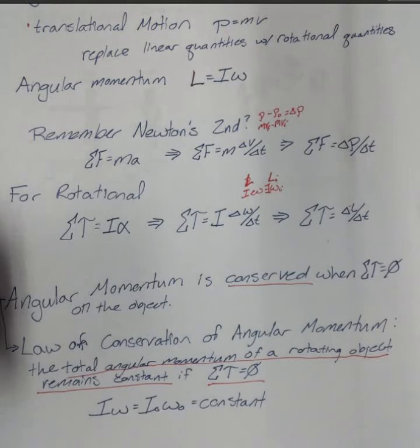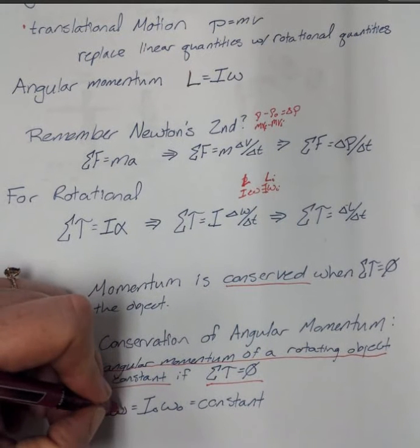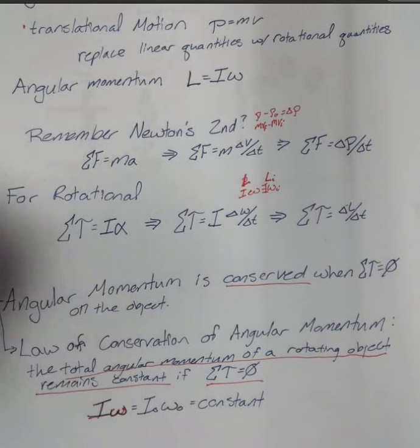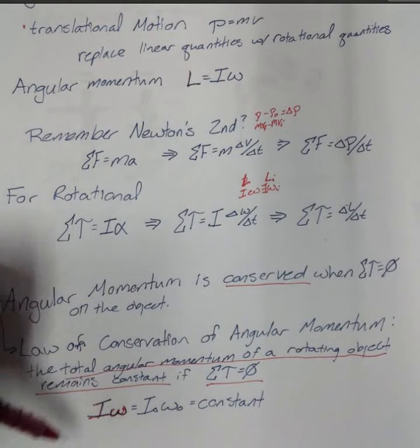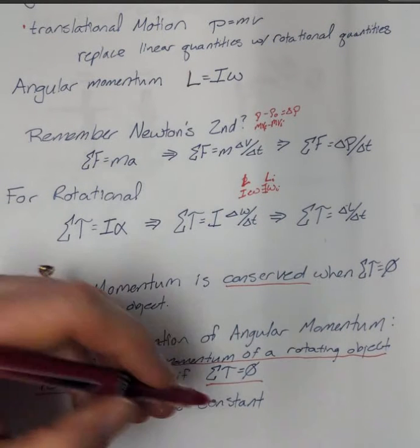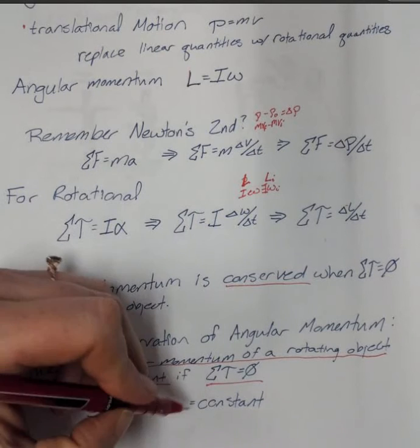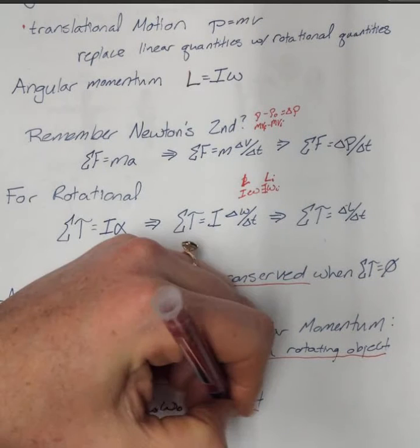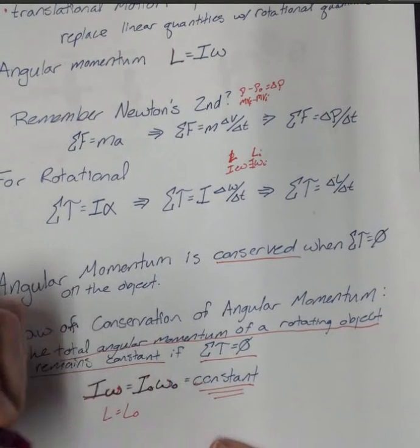So that's saying that at any instant in time, the angular momentum, which is given by moment of inertia times angular velocity, will be equal to the product of the initial moment of inertia times the initial angular velocity. That'll always be constant. And here I could have said this equals this, and that's a constant.